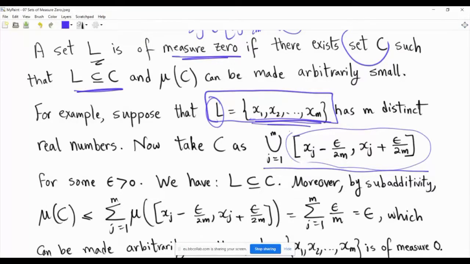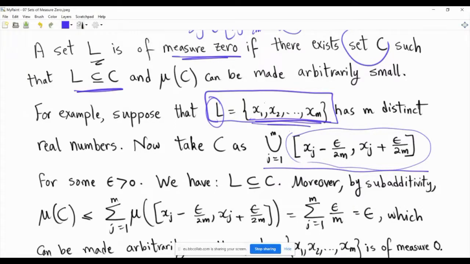So what is the measure of C? What is the measure of this cover, the set that contains L?